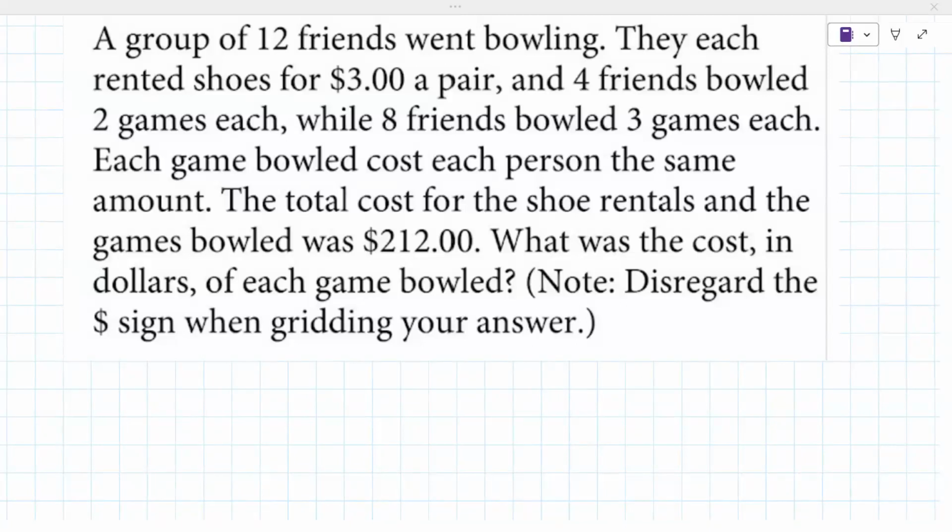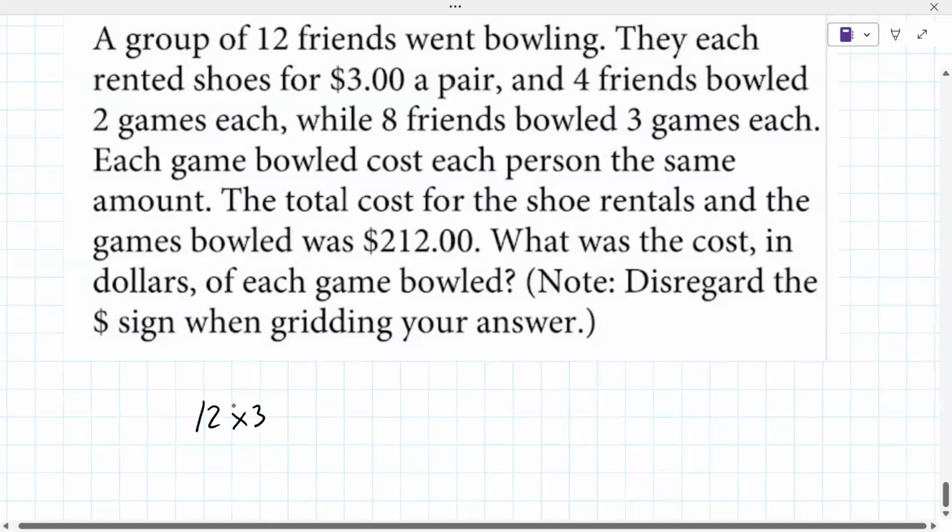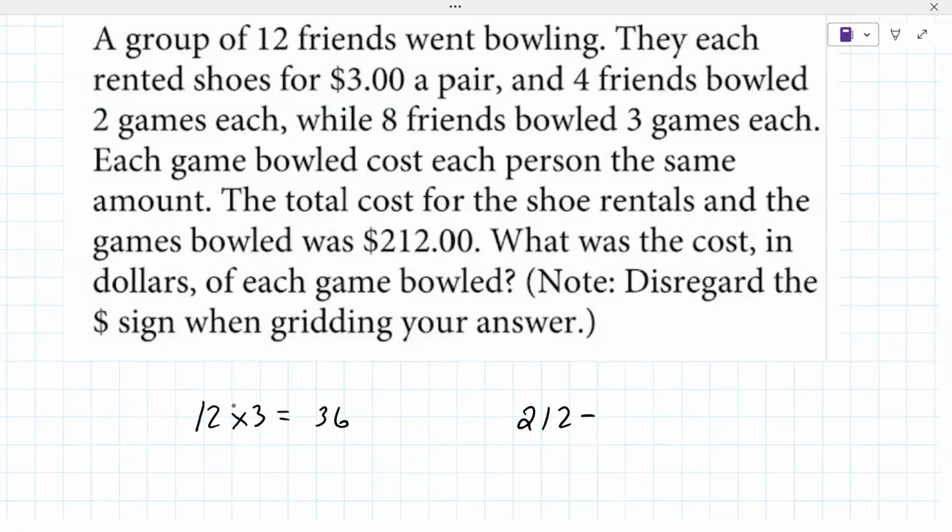Are you almost there? Do you feel lost on this? I got 35.2. Okay, probably not that. So the 12 friends times 3 is 36. It was 212 minus 36, which is 176.